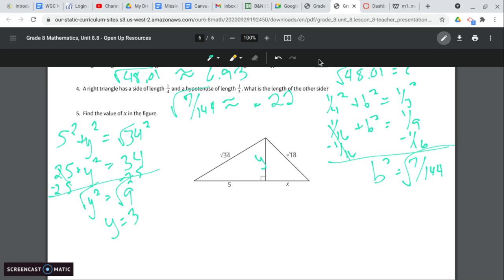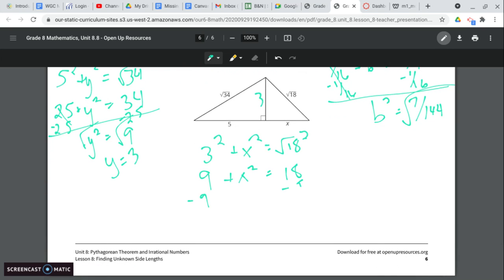So this, erase the y and make it a 3. So now in our new triangle, we have 3 squared plus x squared equals the square root of 18 squared. So 9 plus x squared equals 18.